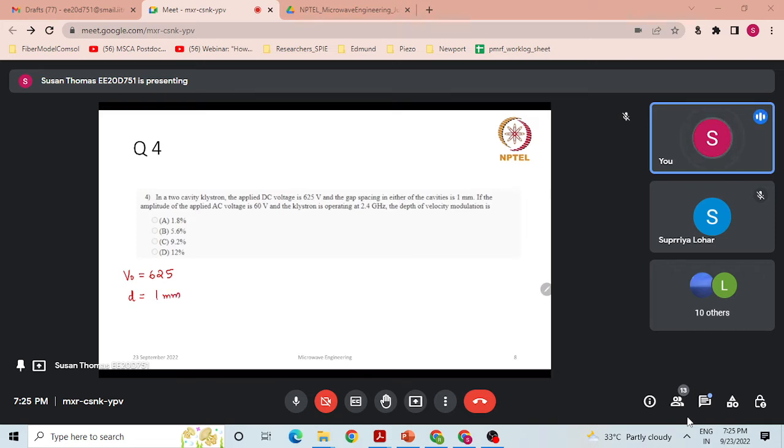The amplitude of the applied AC voltage, V1, is 60. Klystron is operating at 2.4 gigahertz. The question is to find the depth of velocity modulation.